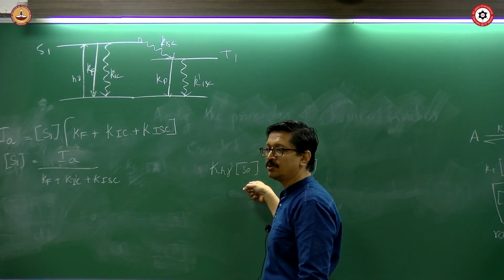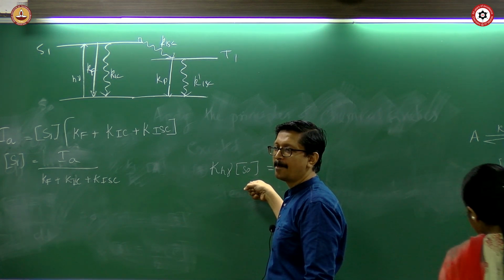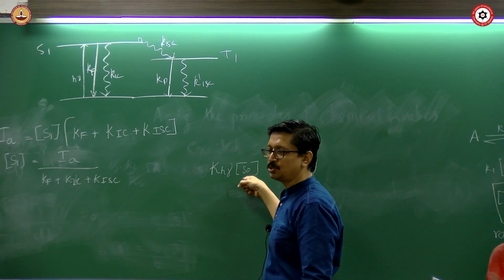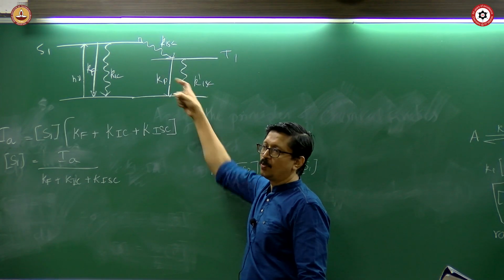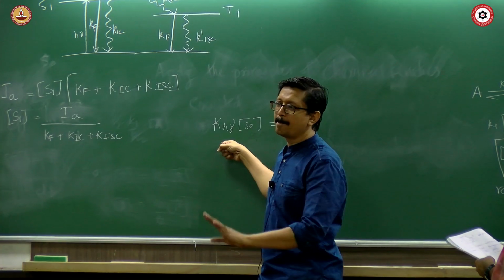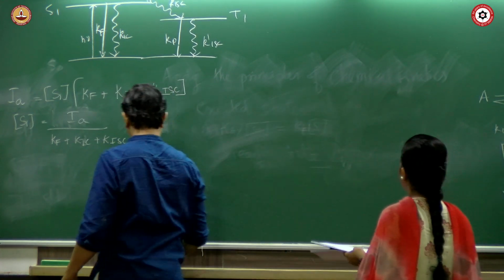Instead of this one, what should you ideally write? For S1, you are writing K h nu into S0, right? That is the rate of formation of S1. So what is the correct expression for that? IA. Okay? Alright. Yeah, take it.